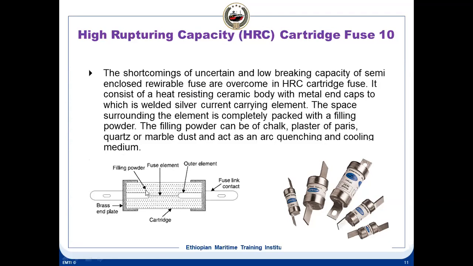The filling powder can be chalk, plaster of Paris, quartz or marble dust. The purpose of this filling powder is to quench the arc, to absorb the arc. In HRC fuses, you will mostly find some sand also. So the whole purpose of the filling is to absorb the arc.